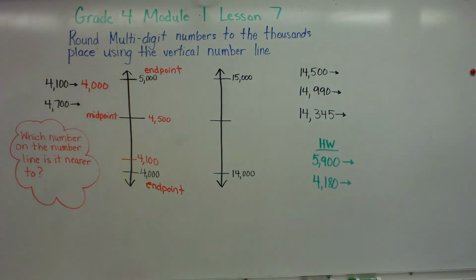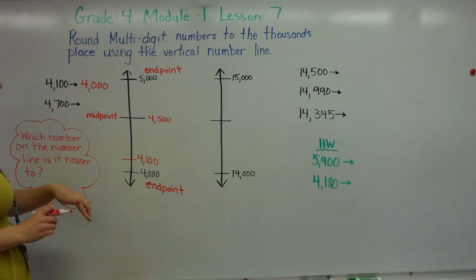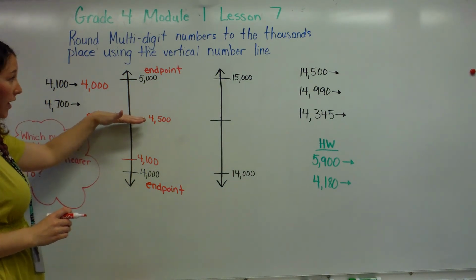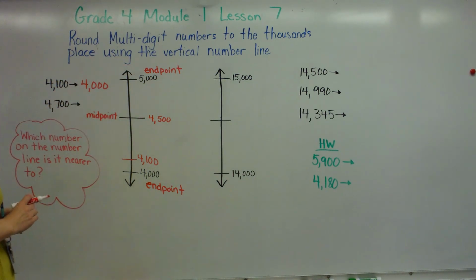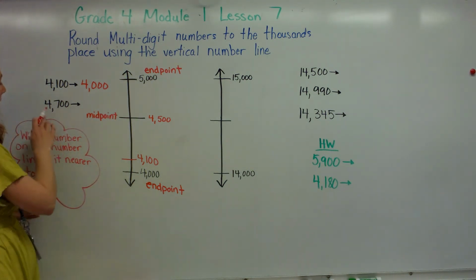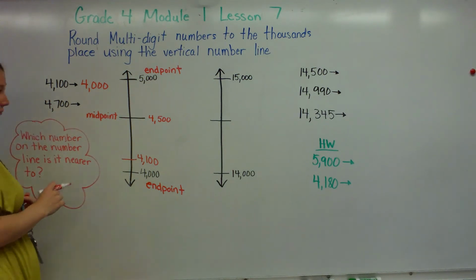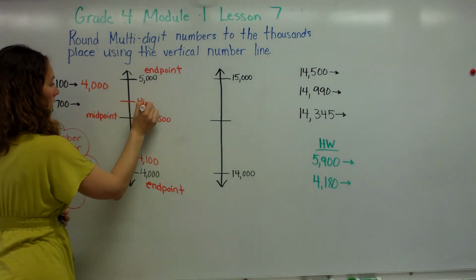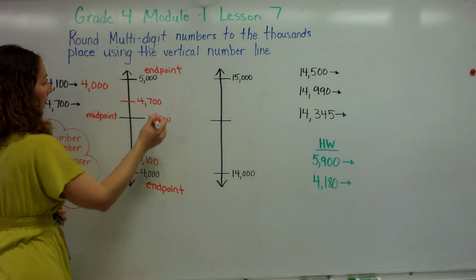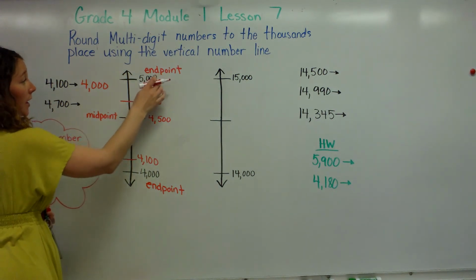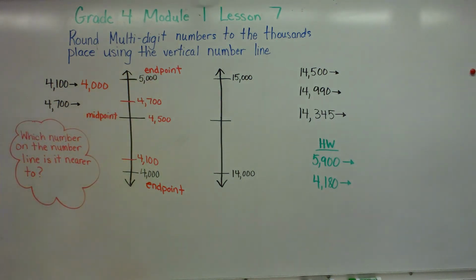4,000. Our next number, 4,700, is greater than 4,500, but it's less than 5,000. So I'm going to do my best to find a place on my number line where I can place 4,700. Now again, greater than 4,500, but less than 5,000.